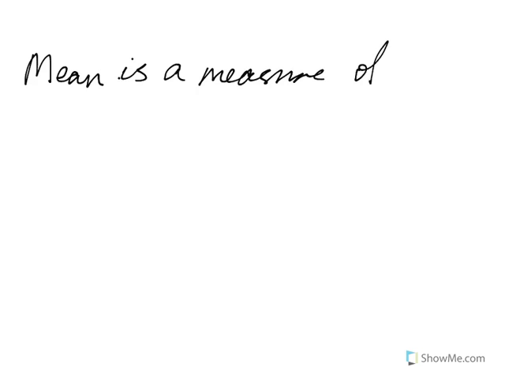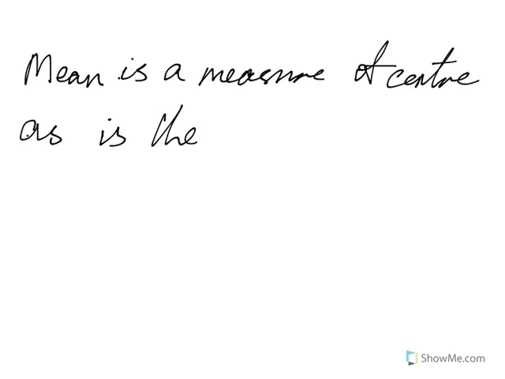Alright, so as I said before, the mean is a measure of centre, as is the median. With the mean, you don't have to have the values in any particular order. For the median, we've got to have them in order, if we're doing it by hand.